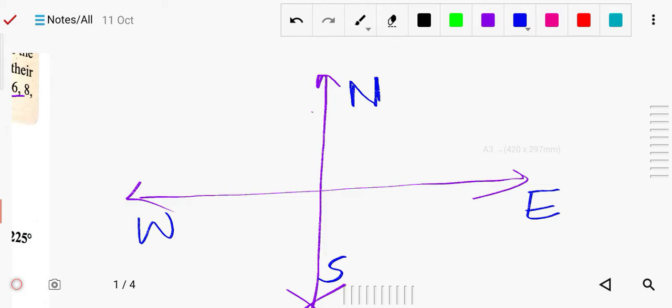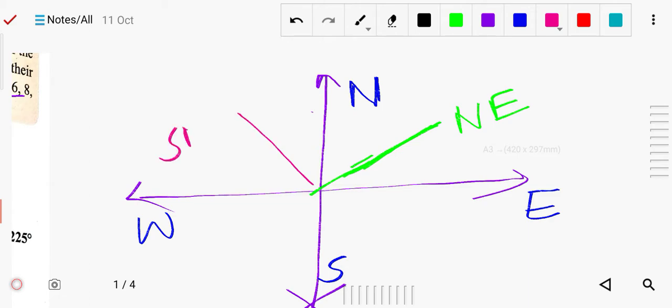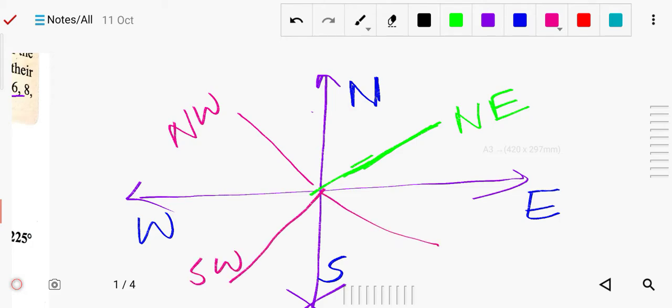Between north and east it is called northeast. Here, between west and north, it is called northwest. Similarly here, southwest, and here, southeast.